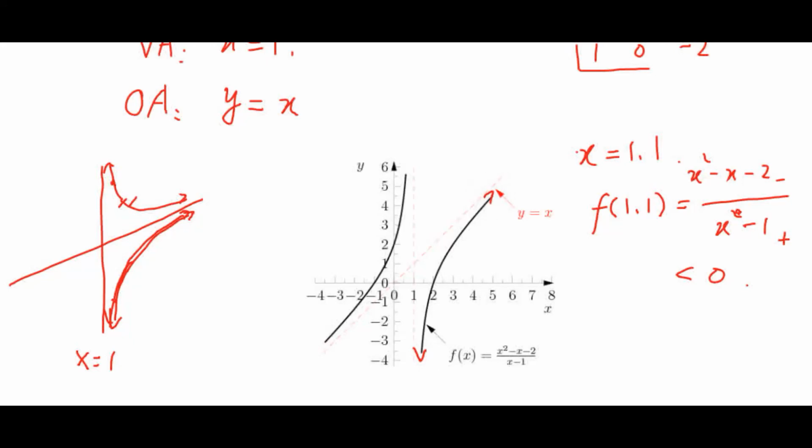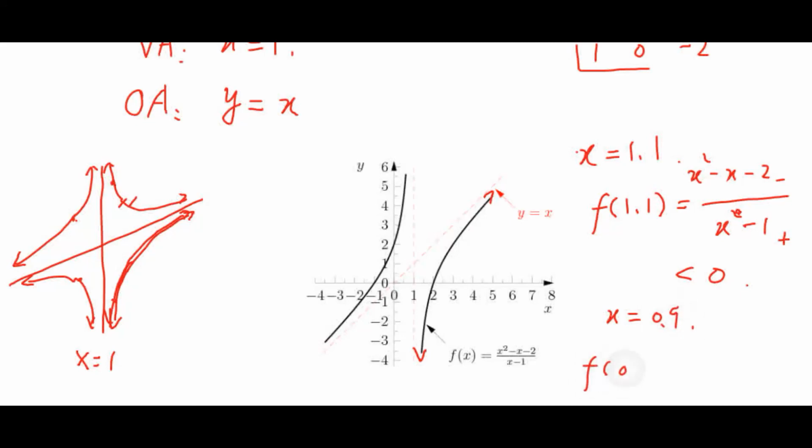For the left side of x = 1, again we have these two asymptotes, so only two cases. If the point is here or here, the graph approaches one way or the other. We just need to determine which one. So we pick a point less than 1, say 0.9.